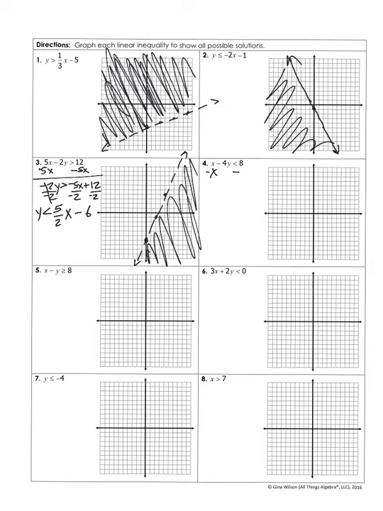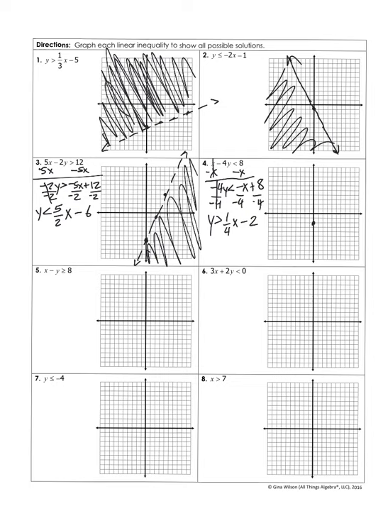Number 4. Subtract x from both sides. Okay. Divide by -4. And since I'm dividing by a negative, I need to flip the inequality sign. All right, so I flip my inequality sign. Here's my new inequality in slope-intercept form.